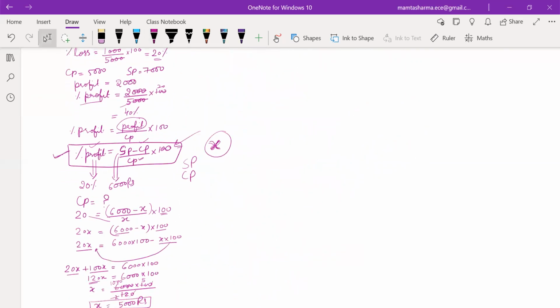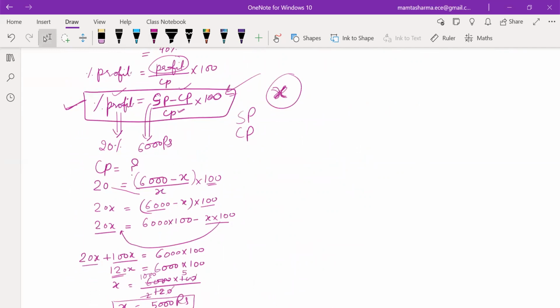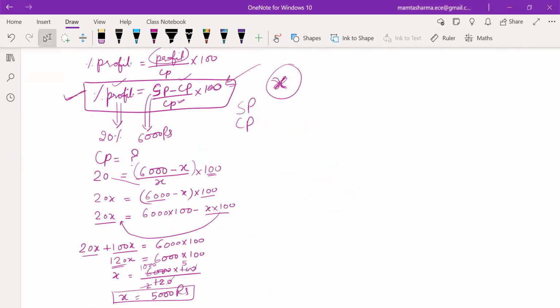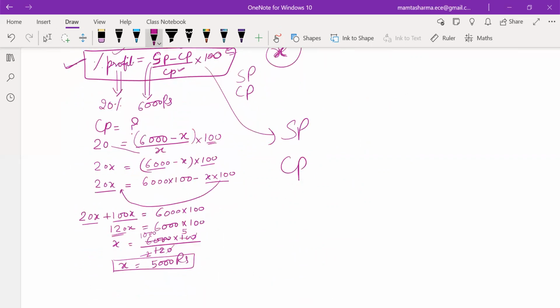Whatever way is convenient for you, you can prefer that one. Clear? Or otherwise, from this formula only you can derive the formula for the SP and CP. Okay, ma'am. So both are correct.